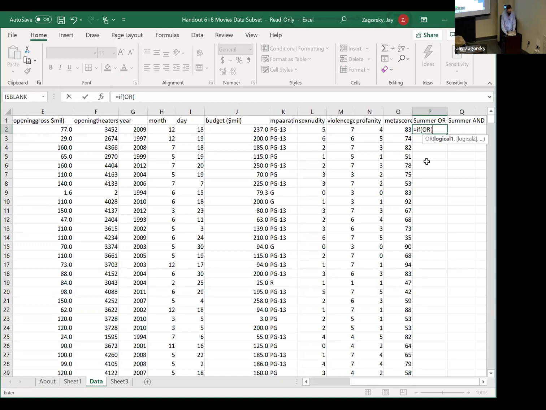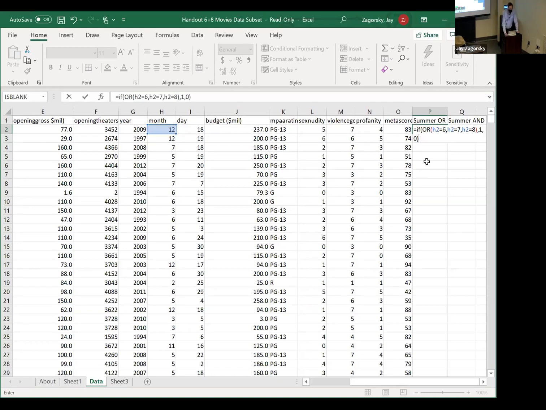So the or function will be H2, which is where the month is, equal to 6, comma, H2 equals 7, comma, H2 equals 8. Close parenthesis. By saying this, I'm saying if it's 6 or 7 or 8, any of those 3 months, we're in summer. Comma, put out a 1, comma, otherwise put out a 0.